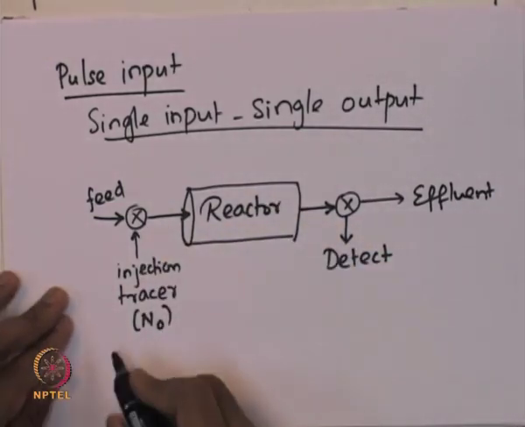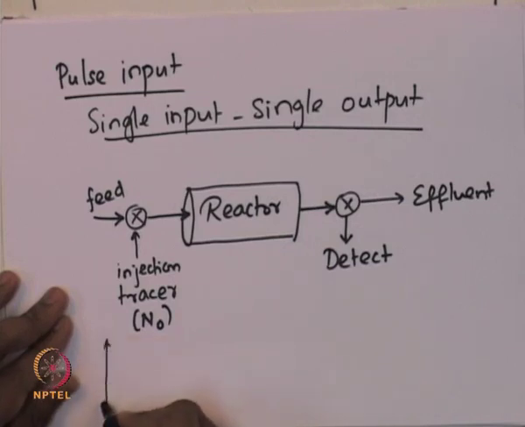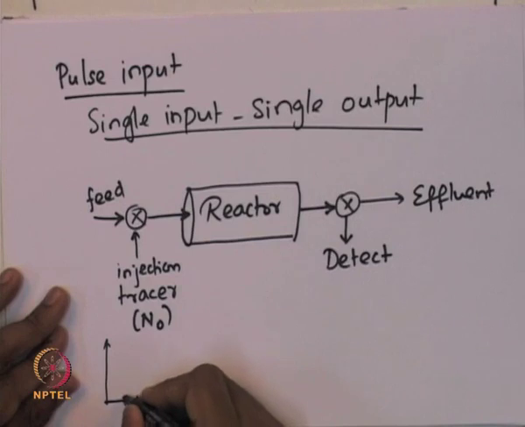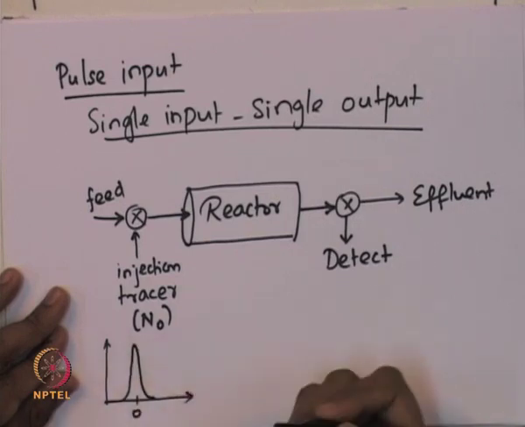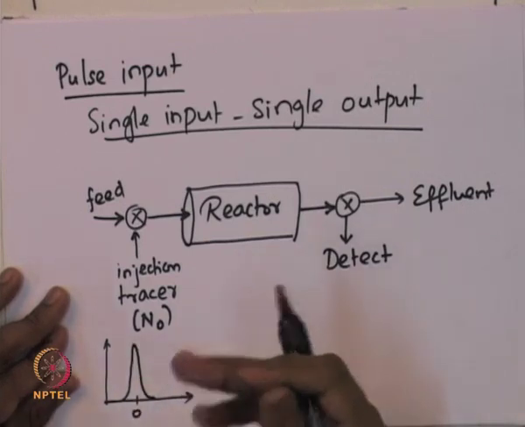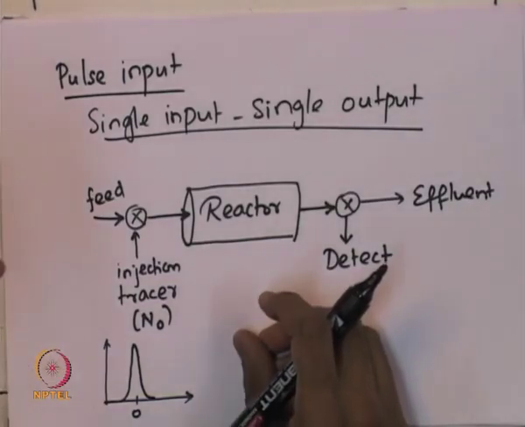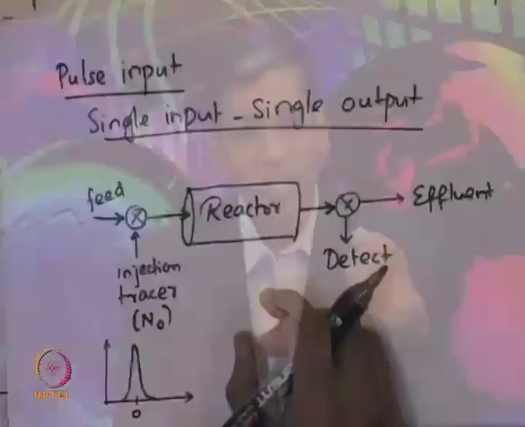Now the tracer that is injected has to be a pulse at a certain time. Let us say at time t equal to 0, we inject a pulse of tracer, that is, a certain amount of the tracer is injected into the reactor in as short a time as possible. That is what is called a pulse input.